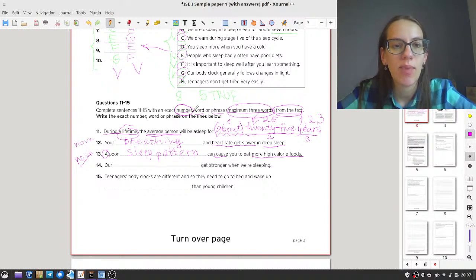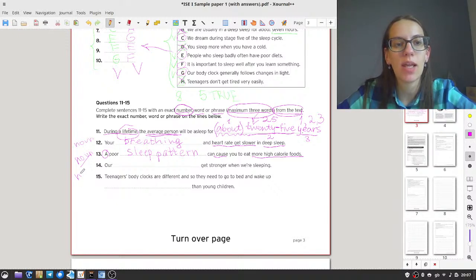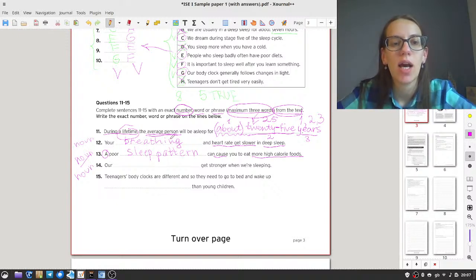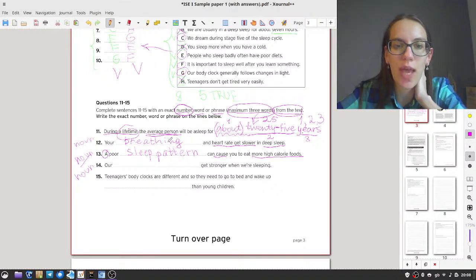Number 14, our something gets stronger when we are sleeping. So again, what part of speech will we need? Again, something like a noun, or maybe a noun phrase, maybe a gerund. And what other grammatical information do we have here?